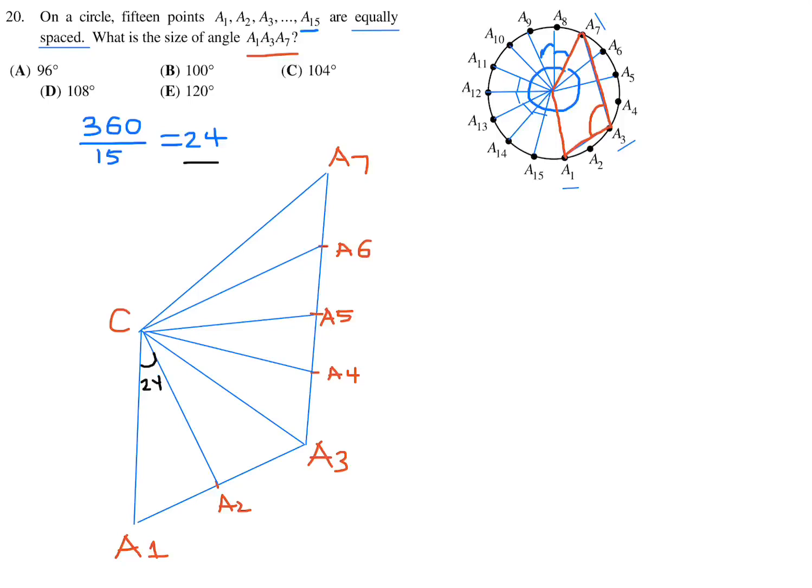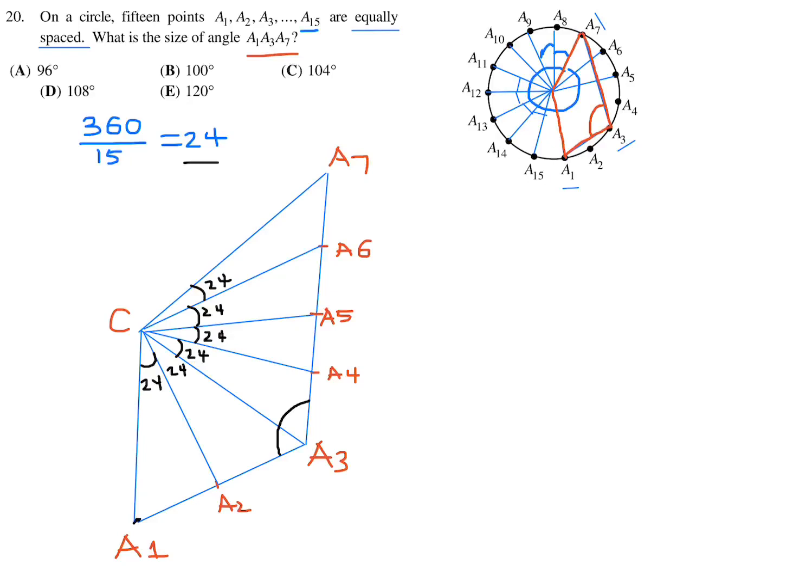So that's 24, that's 24, that's 24, that's 24, and so on. Okay? Now, what are we trying to find? Remember, we're trying to find A1, A3, A7, which is this angle right here. A1 to A3 to A7. Okay? So how do we do that?